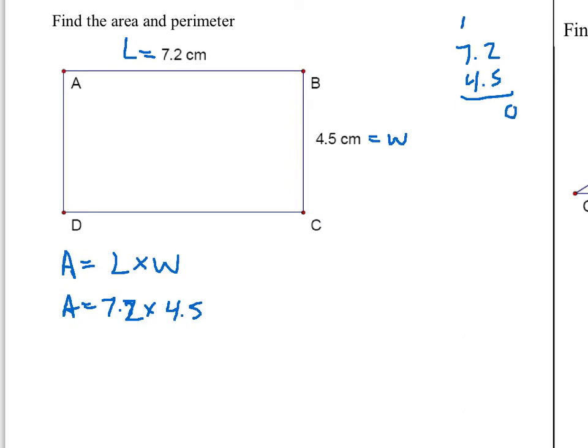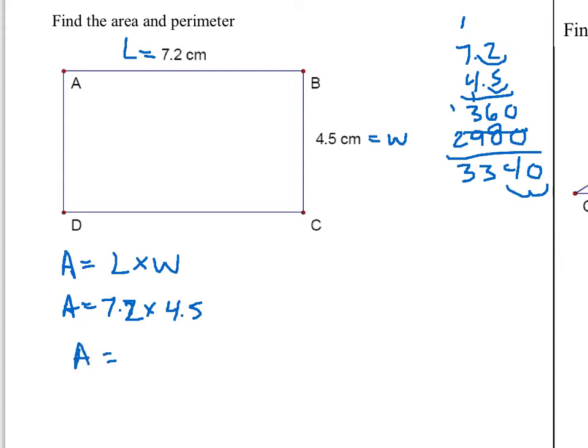Oops. 0, 8. 0, 4, carry the 1, 3, carry the 1. And I got, wait, 2 decimal places, 1, 2, 1, 2. Area is equal to 33.4.